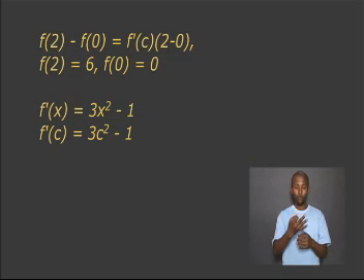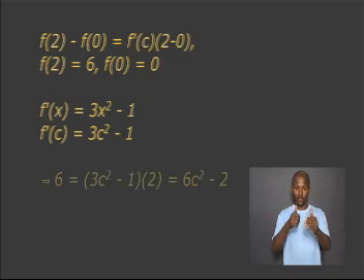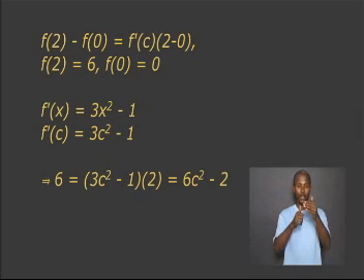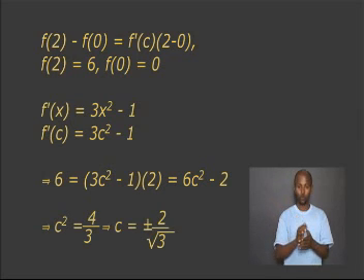f'(x) equals 3x squared minus 1, so f'(c) equals 3c squared minus 1. Then 6 equals (3c squared minus 1) times 2, which is 6c squared minus 2. c squared equals 4 over 3.